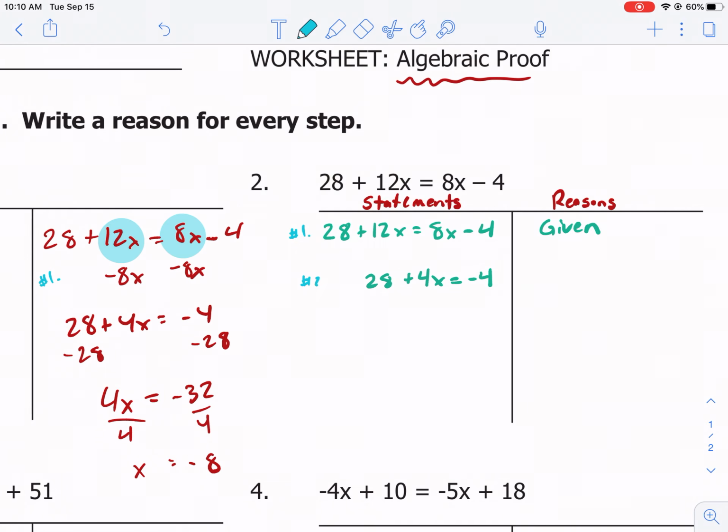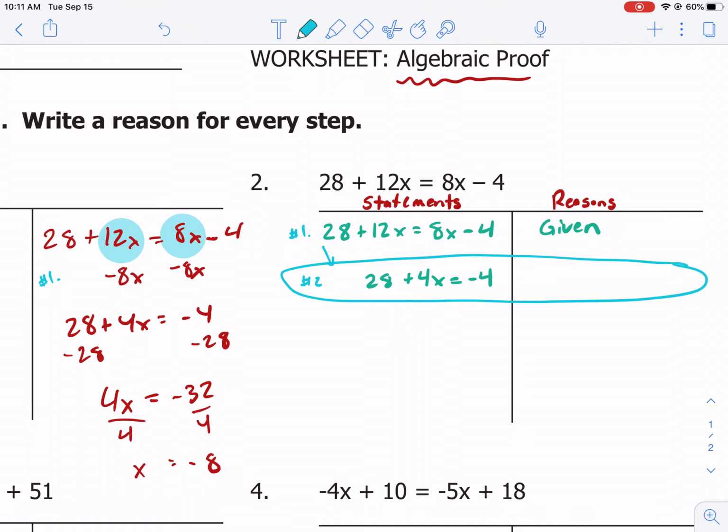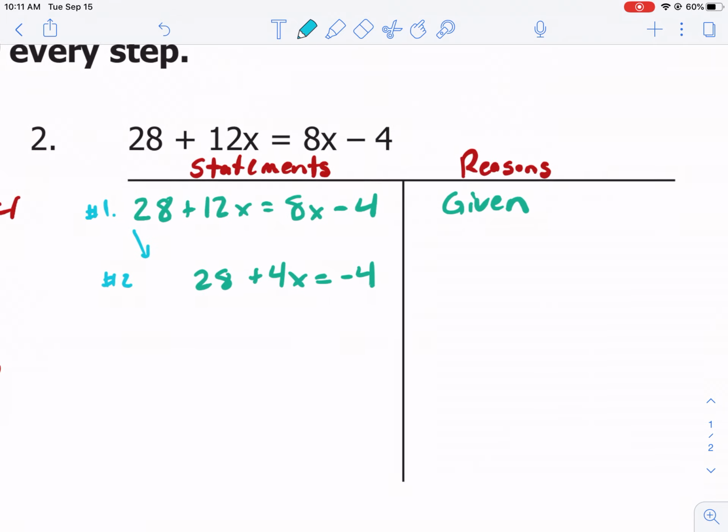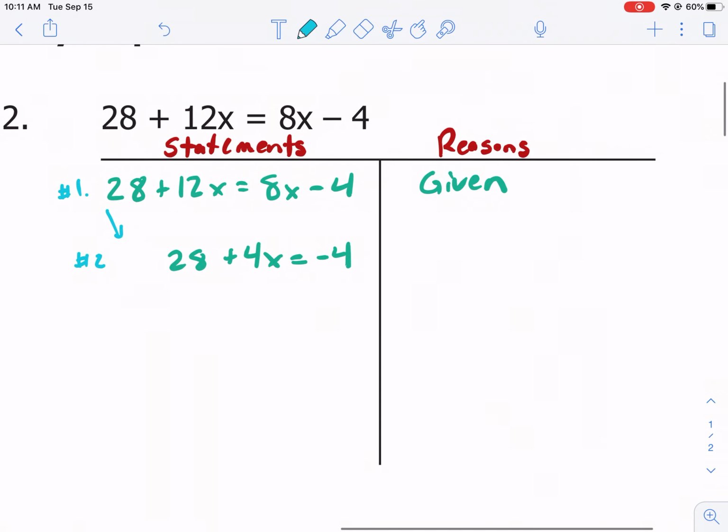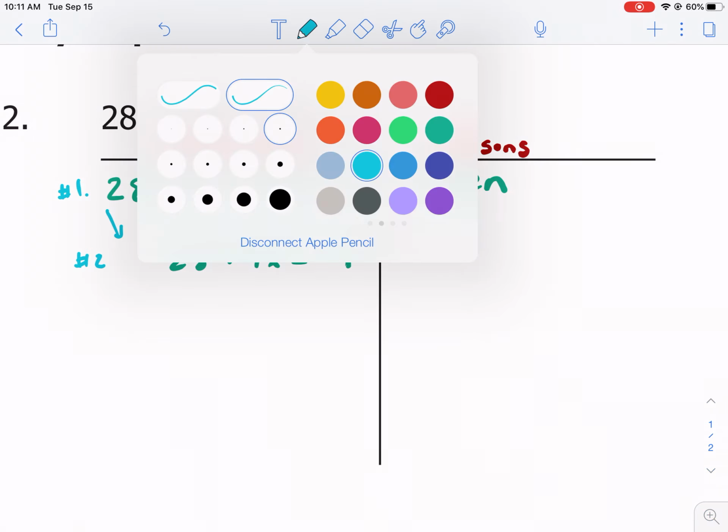Now, the reason is listed right next to it. How did we arrive at this step right here? A lot of people get mixed up about where they put the reason. The reason is, how did we arrive at this row from the previous row? What led us to the information that we now have for our statement? And this is the, let me use pink, subtraction property of equality.